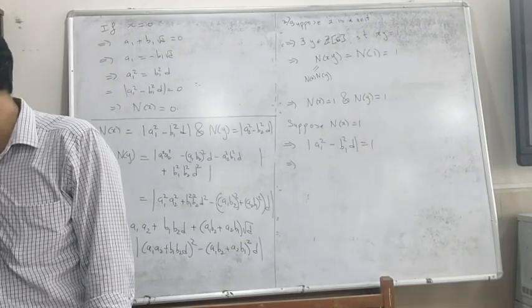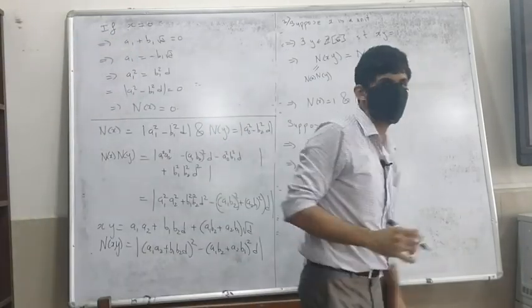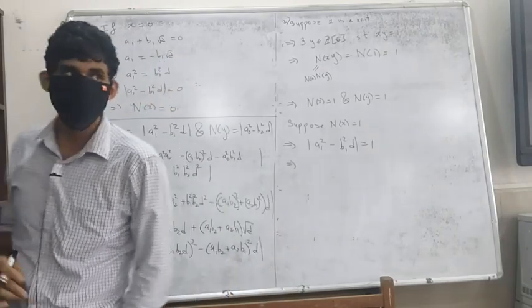I have to check what is the, yeah. So I have to give you an inverse for x. In this case I need to give you an inverse for x.